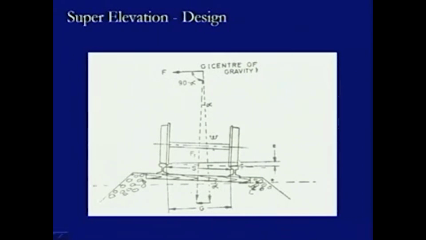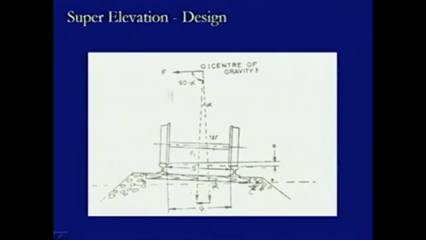Now, the amount by which this super elevation is provided causes a tilting of this base by an angle alpha. This is the horizontal level which was previously provided, and now it is tilted. The angle made by this surface and the horizontal surface is angle alpha.